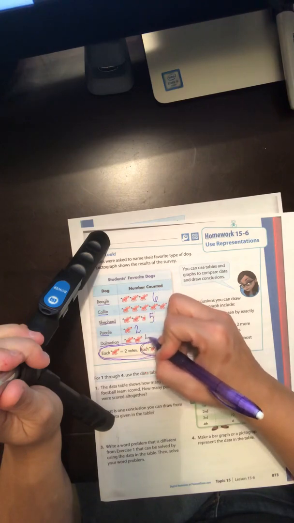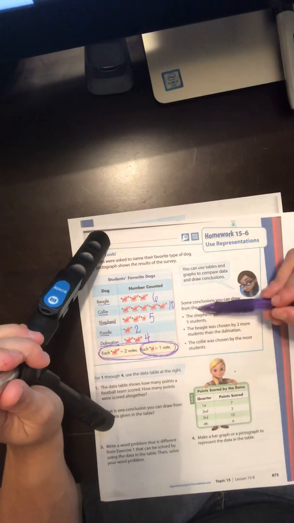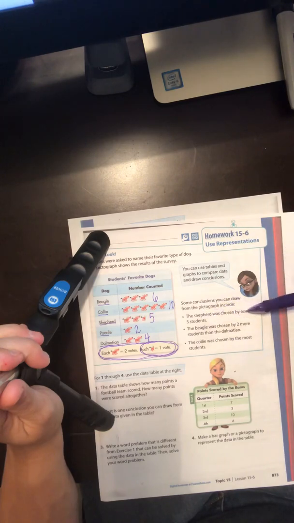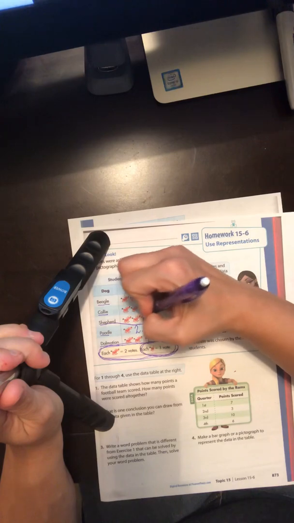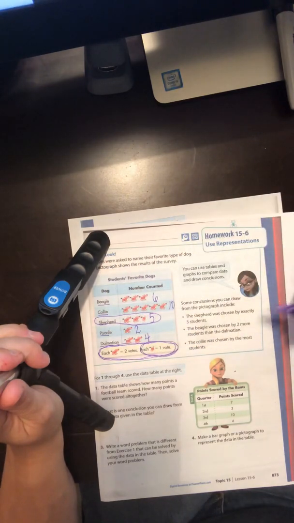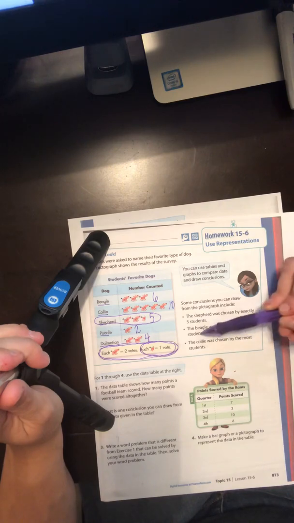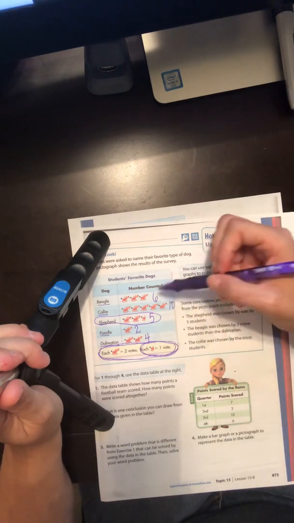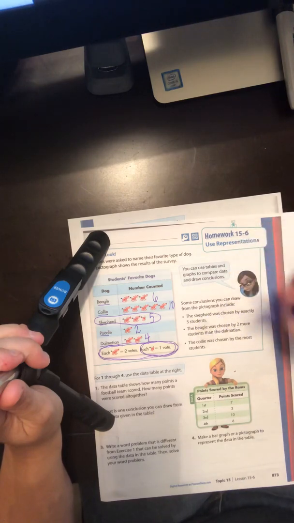2, and 4. Okay? Now it says some of the conclusions you can draw from the picture graph include the shepherd was chosen by exactly 5 students. See it right here? Was chosen by 5 students. The Beagle was chosen by 2 more students than the Dalmatian. So I can look here and see, okay, the Beagle was 6.